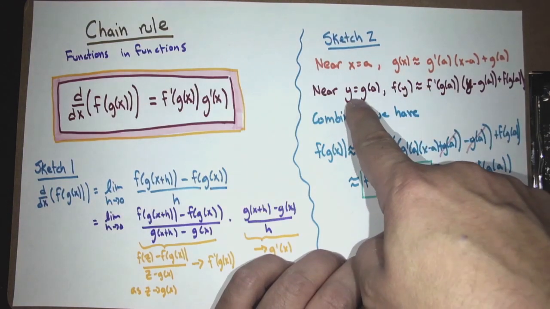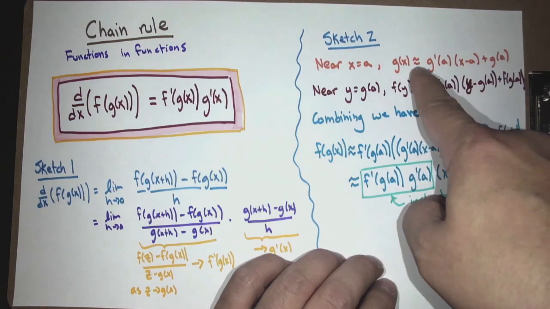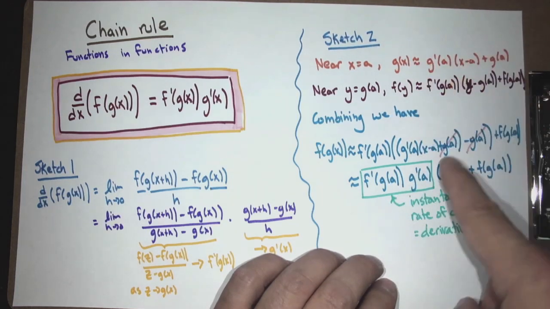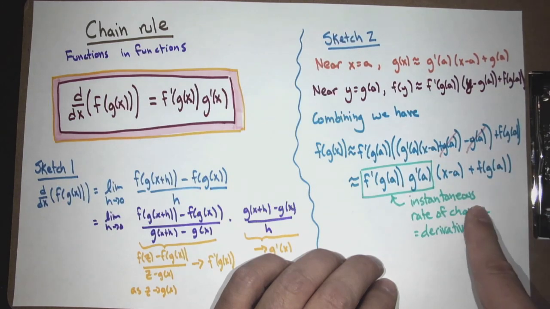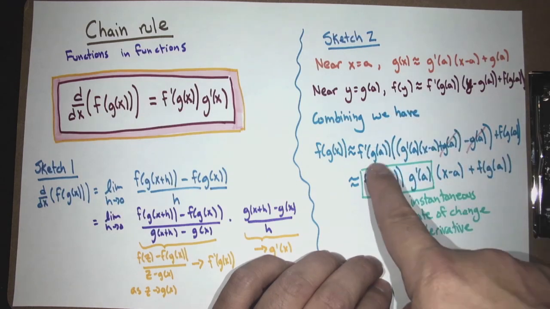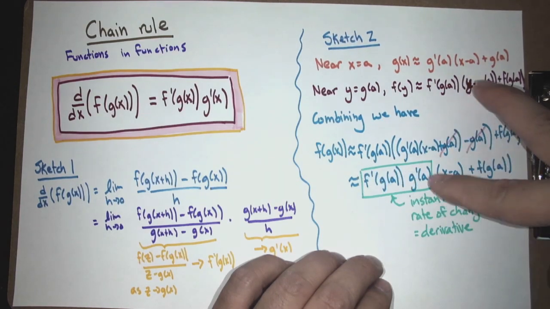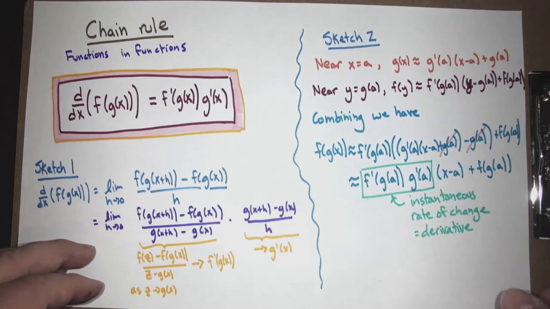Well, that's your g of a. And so we're going to replace that with this g of x. So we replace that with g prime of a times x minus a plus g of a. Simplify. And then we say, okay, what's our slope? It's our f prime of g of a, which came from here, times our g prime of a, which came from there.